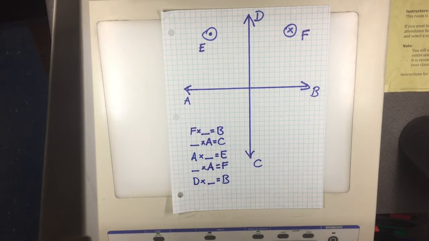You go E towards the back of the room, A towards that side, which gives you C. So E cross A, down the page, is C. Do you see that?